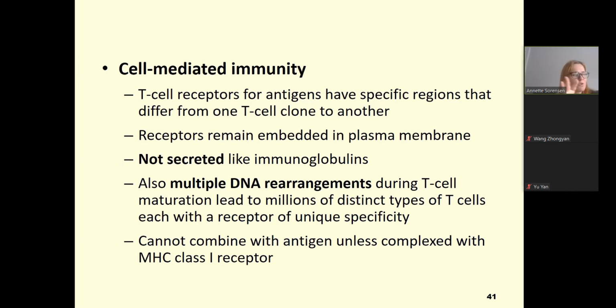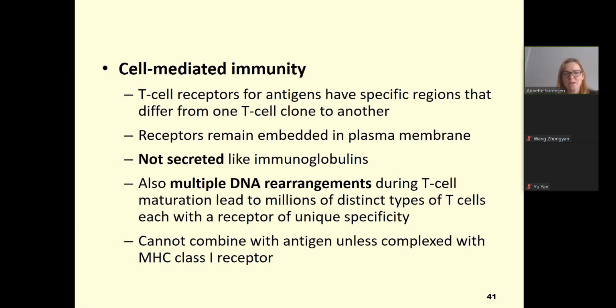We're not going to go through the whole mechanism behind these multiple DNA rearrangements and how both T cells and B cells are able to express this huge variety of different receptors, so that they can recognize antigens very specifically.